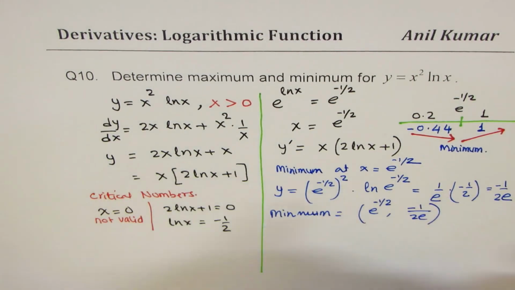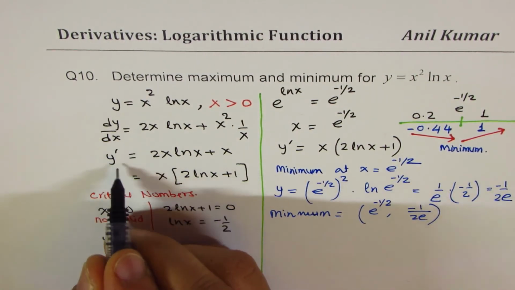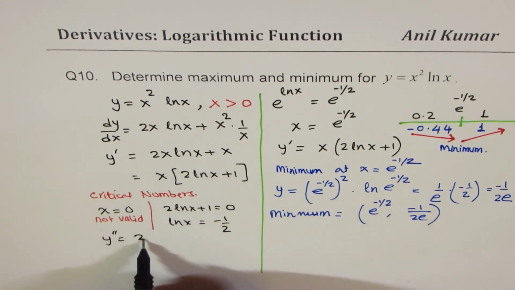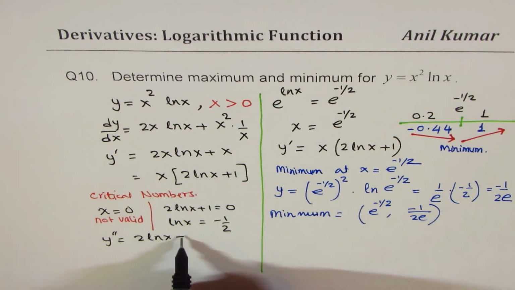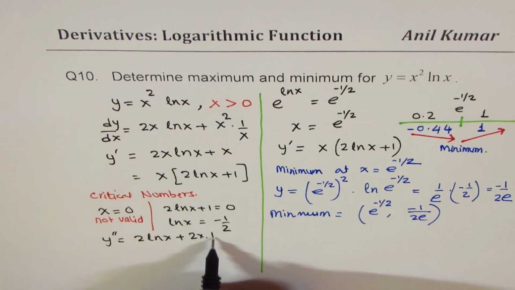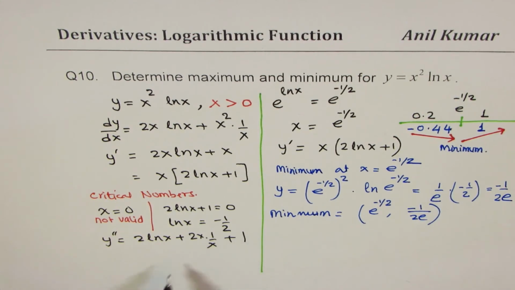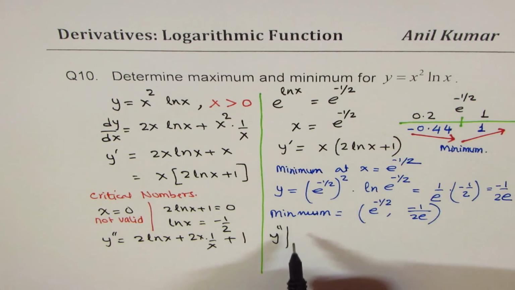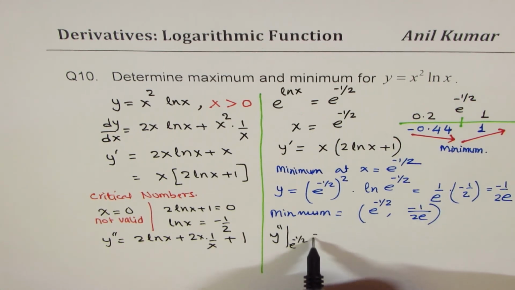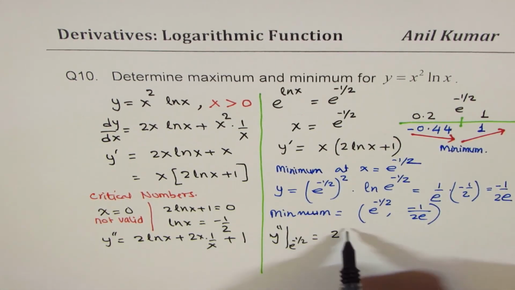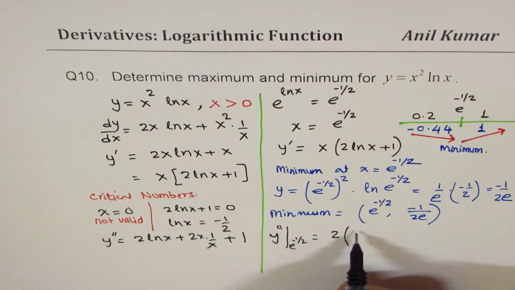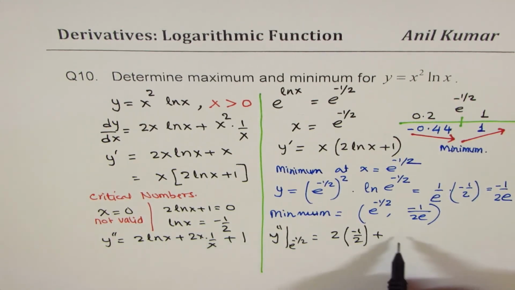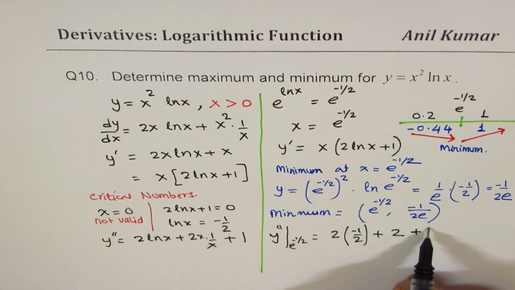So the second derivative could be the derivative of this, which is 2 ln x plus 2x times 1 over x plus 1. And if I substitute the value e to the power of minus half here, what do I get? So I get 2 times, e to the power of minus half gives me minus half here, plus 2x over x indeed is 2, and plus 1, correct?